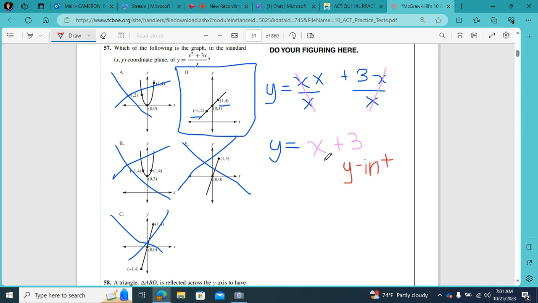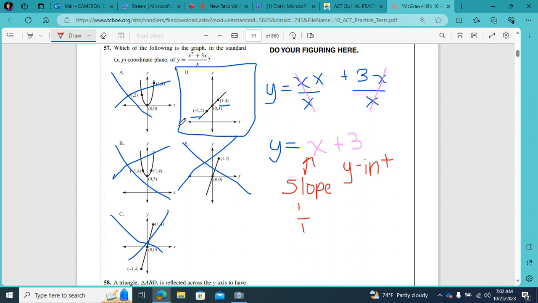And nothing in front of my x is telling me that my slope is 1/1. And I could have used my y-intercept and my slope to find this graph as well. Y-intercept is +3, and then from this 3, we went up 1 to y is 4, and over 1 to x is 1. So prove my answer 2 ways.